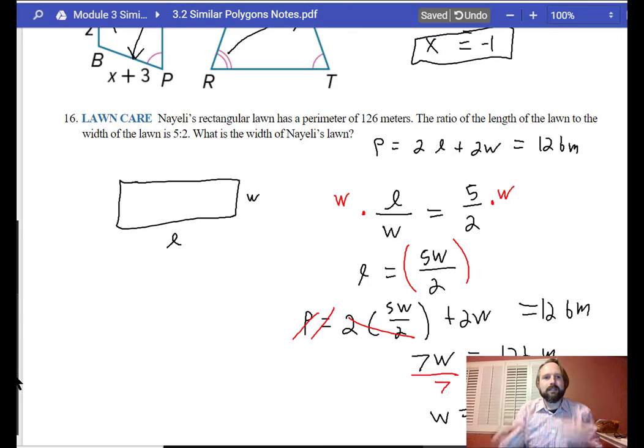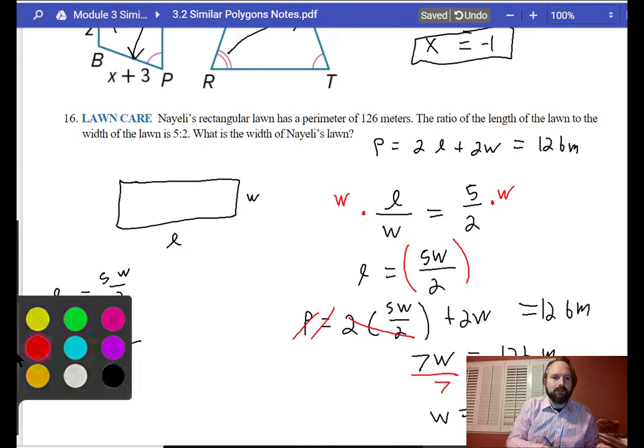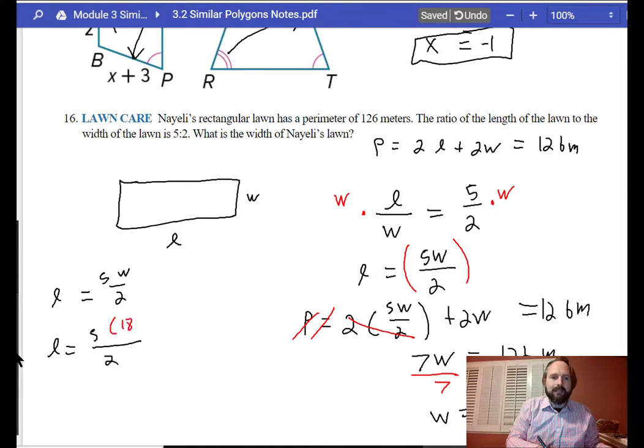Now, I can plug it into either one. It doesn't matter. Sure, why don't we put it into L is equal to 5W over 2. So L is equal to 5 times W, what's W? 18 meters. And so now I can divide by 2, get 9 meters.